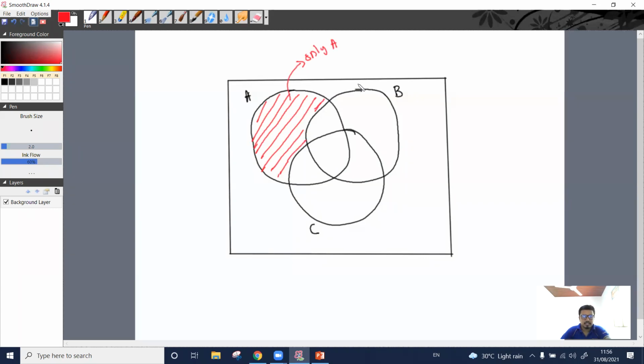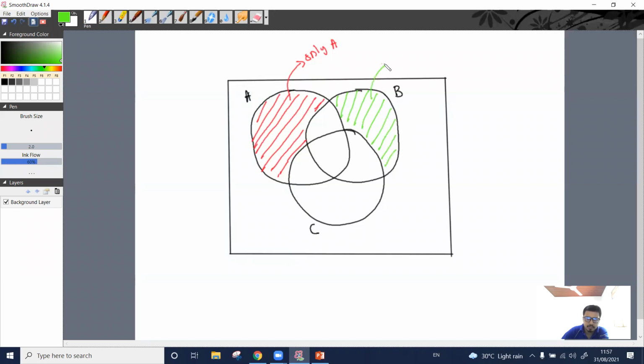Likewise, if I color this area, take a different color. This should be what then?